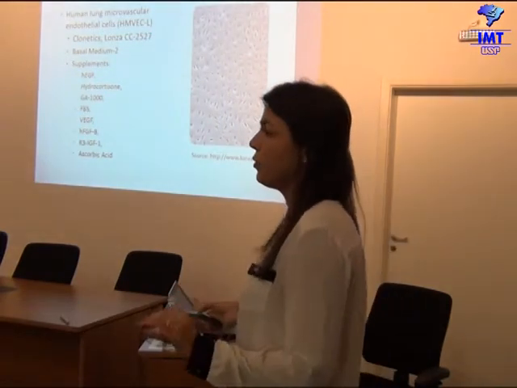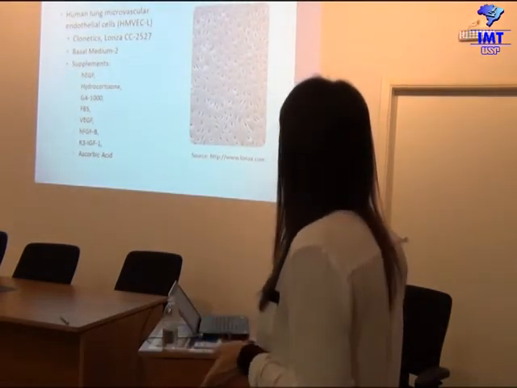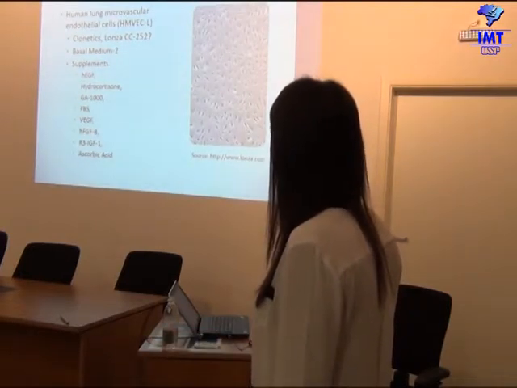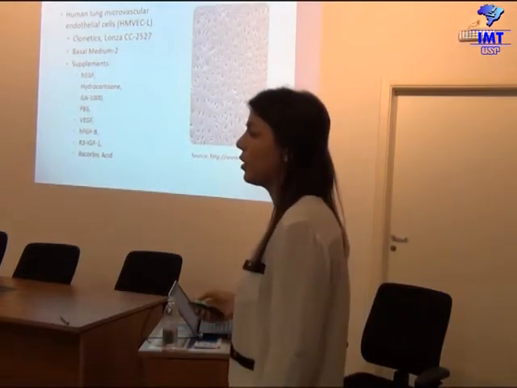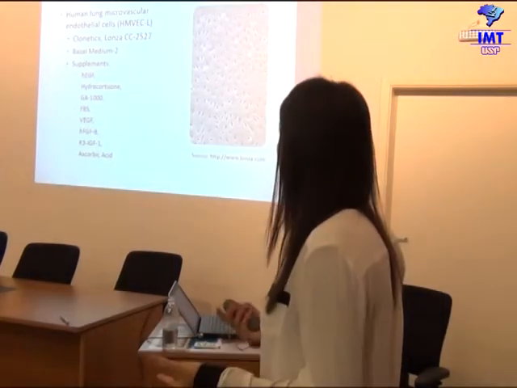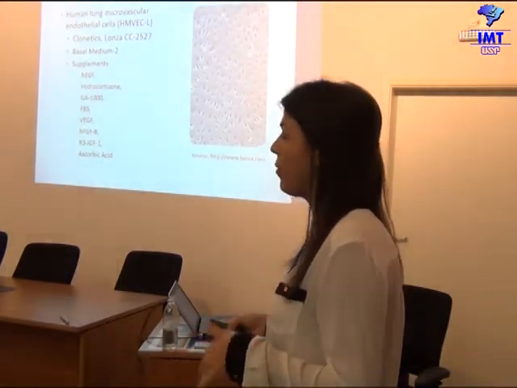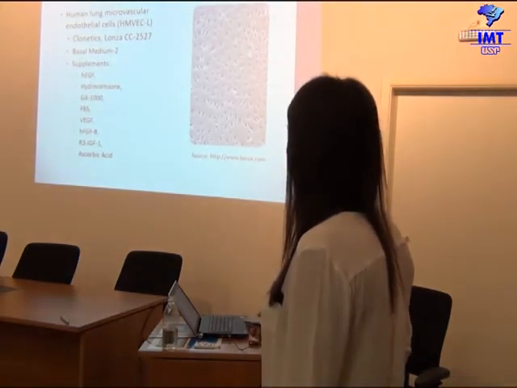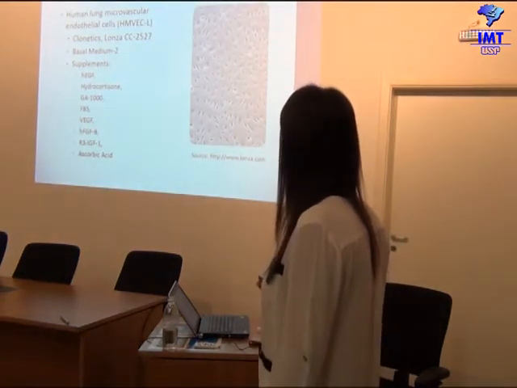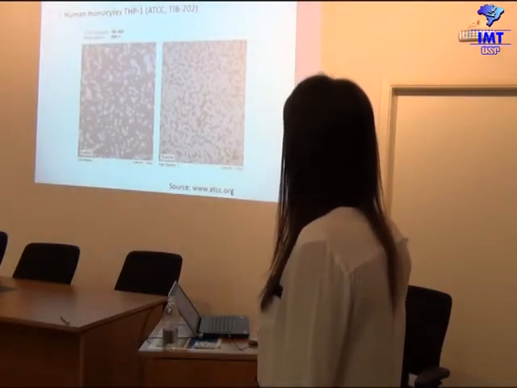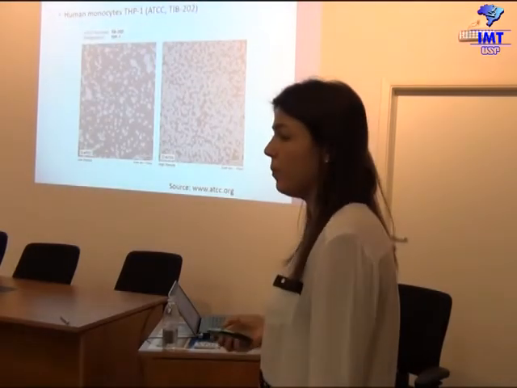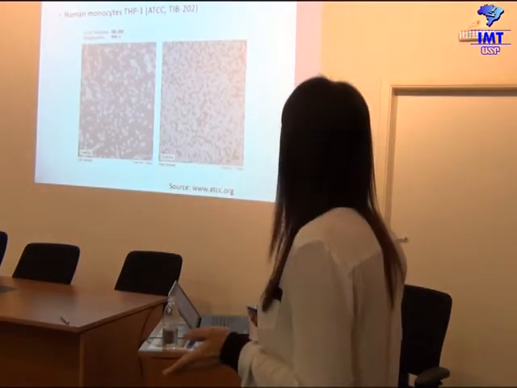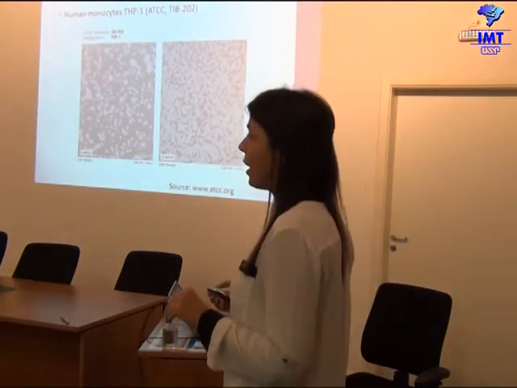We chose, different from the previous studies that use HUVEC, the human lung microvascular endothelial cells because we believe the cells may be more related with the dengue pathogenesis. Those cells were purchased from Lonza. And also human monocytes. We decided to choose THP1. It's a cell line from ATCC cell bank.